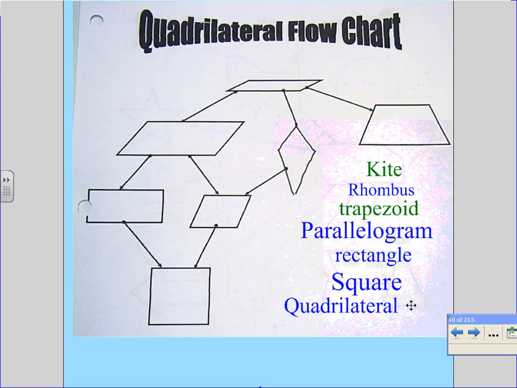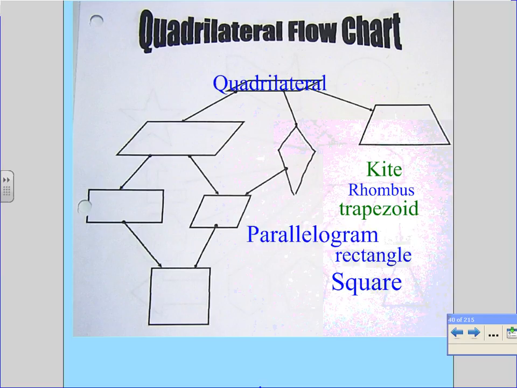Okay, so this is a quadrilateral flow chart. So at the very top of the flow chart is a quadrilateral. So on page 152 in the homework packet. Okay, very, very top. What do you guys think? If that's a quadrilateral, what do you think this is? David?